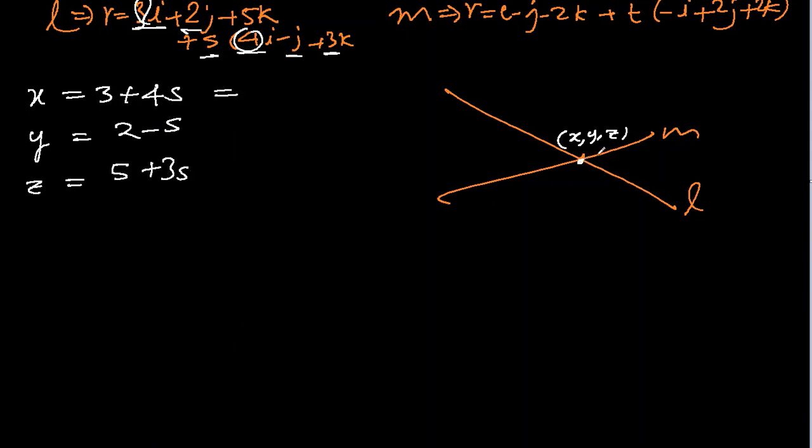Similarly, because this point lies on line M as well, we will make it equal to 1 minus t, minus 1 plus 2t, and minus 2 plus 2t.